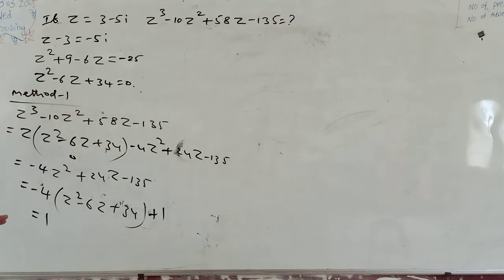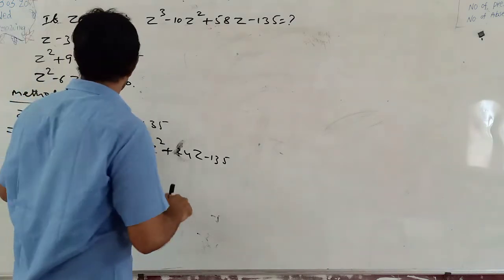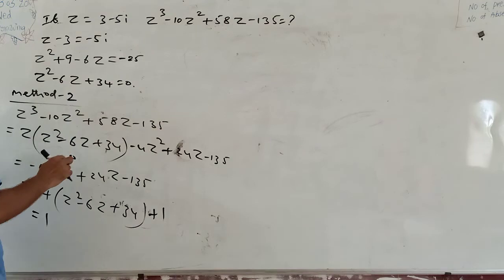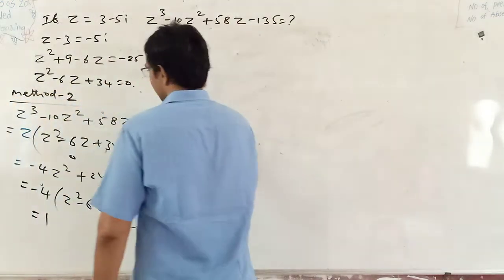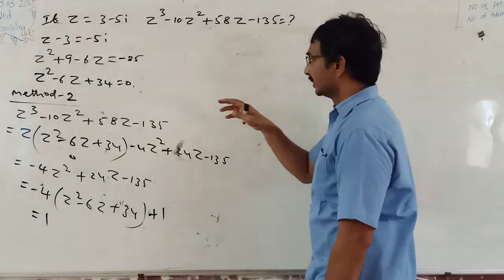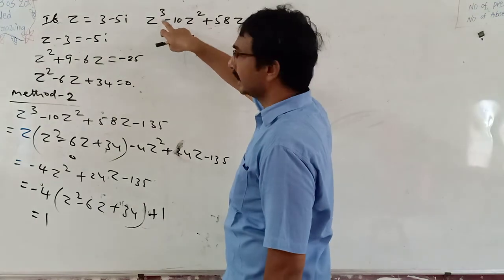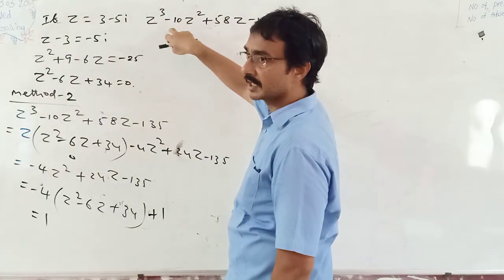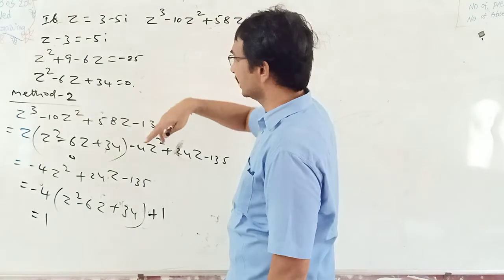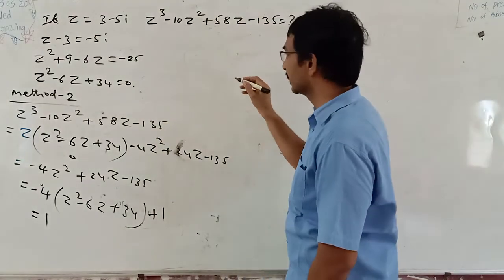This is method 1. See, last method 2 actually. Method 3, that is the rest method. If the degree is more than 2, that is 3, 4, 5, 6, 7, 8, then of these three methods, the third method is the best method.